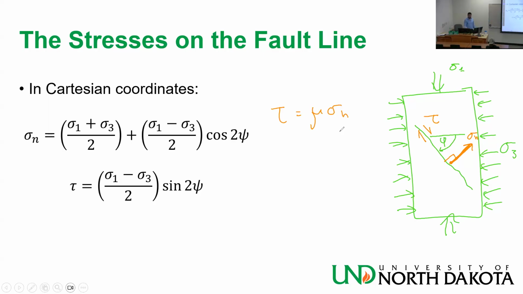If you use these definitions for tau and sigma n, you are going to end up with what we said before, sigma 1 over sigma 3 equals that expression, the square root of mu squared plus 1 plus mu, squared, the expression on the right-hand side of the equation, that makes it equal to 3.12 if mu is 0.6.